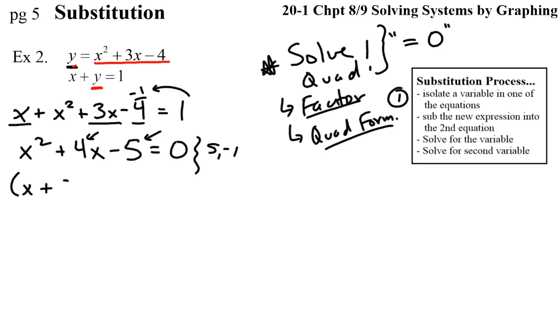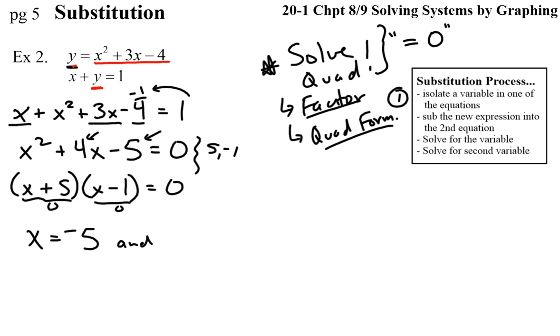So we get x plus 5, x minus 1 equals 0, which means our x values, in order to get a 0 here, x would be negative 5. And in order to get a 0 here, x would be 1. So there's my values for x.